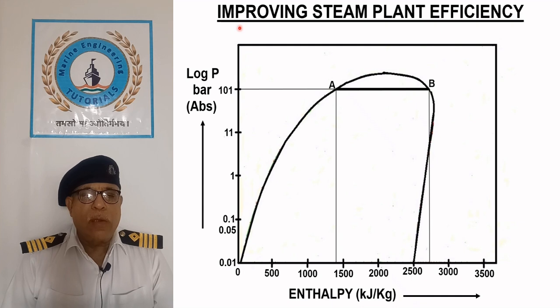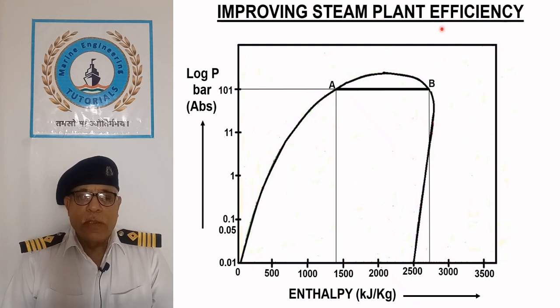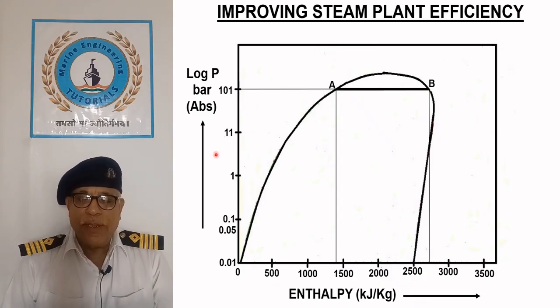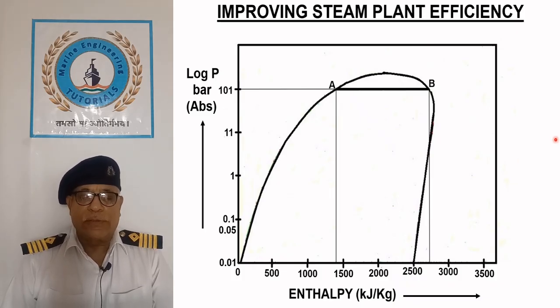Improving steam plant efficiency. This diagram illustrates the method of improving steam plant efficiency by using superheated steam at high pressure and exhausting it at the lowest possible pressure. Additional measures such as steam reheating are also employed in large steam plants.